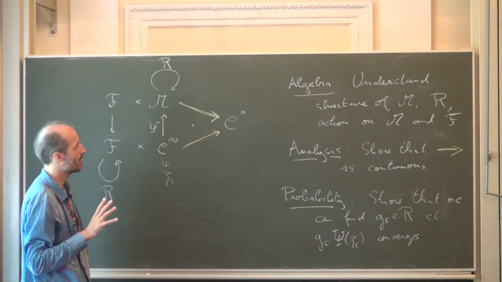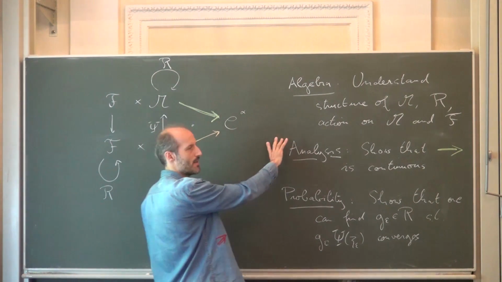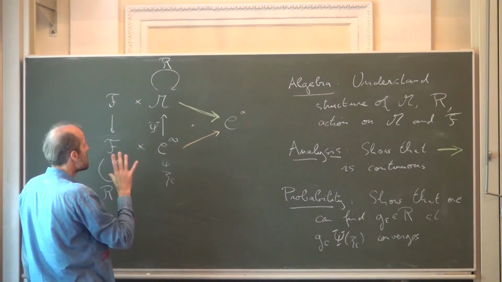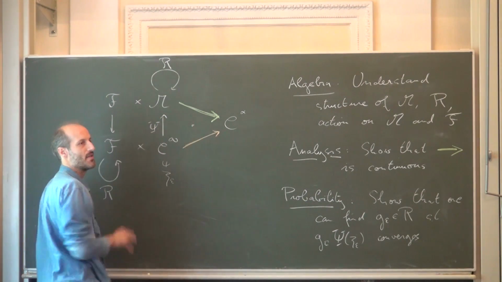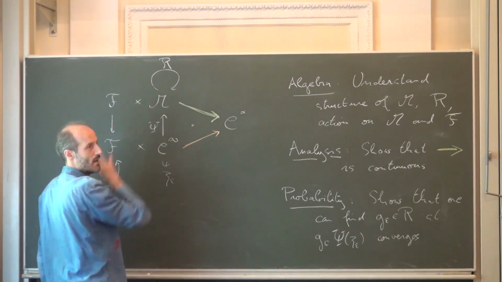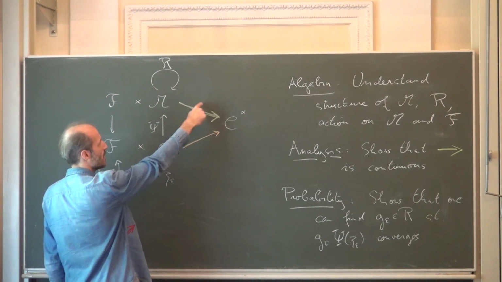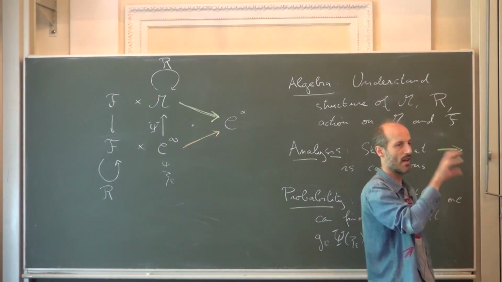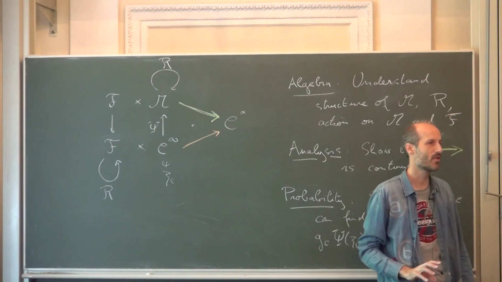What changes is mostly the analysis part in these different approaches. Somehow the definition of this space is somewhat different in the different approaches, and therefore the analytical techniques used to build this map and to show that this map is continuous are slightly different in the different approaches.